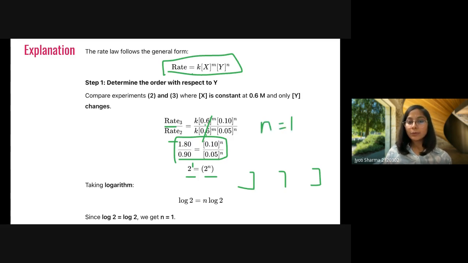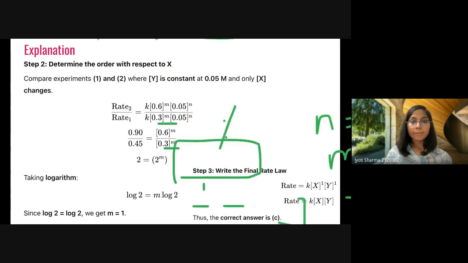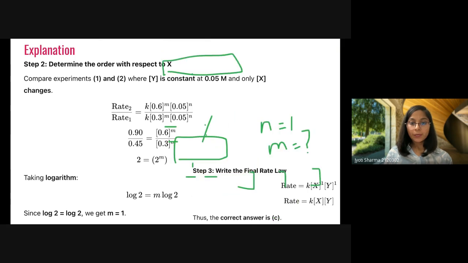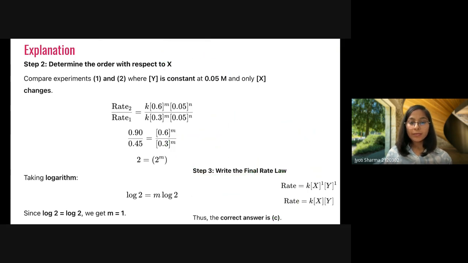Now you need to calculate the value of m also, then only you can give the rate law. Then we have the ratio of rate 2 upon rate 1, and here this is the same, so this will be cut out, and again 2 is equal to 2^m, so m will be equal to 1. So your m is equal to 1 and n is equal to 1.